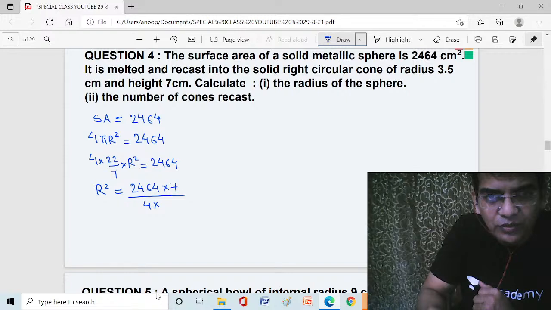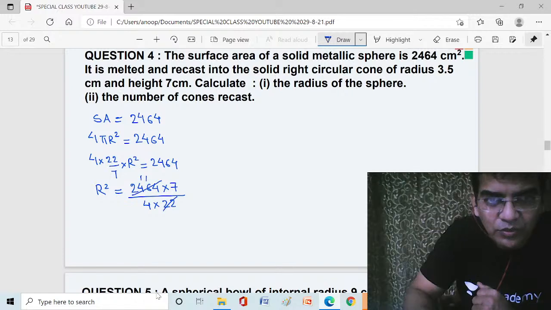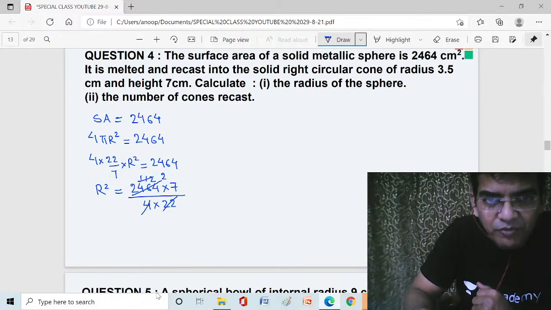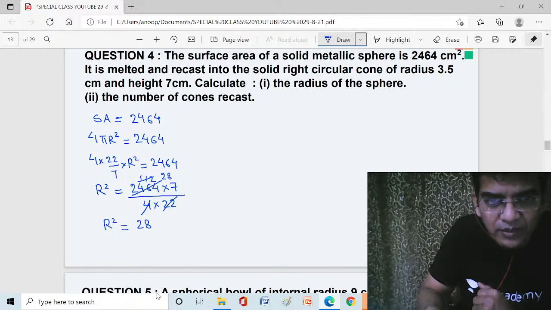So let's reduce it. 22 will reduce it. 22 1s are 22, carry over 2, 22 1s are 22, carry over 4, 22 2s. Then this 112 can be reduced with 4, 4 2s are 8, carry over 3, 4 8s are 32. So we are getting r square is equal to 28 into 7.